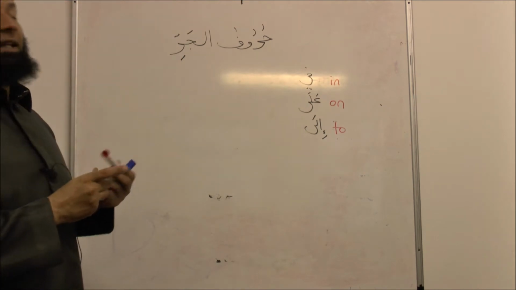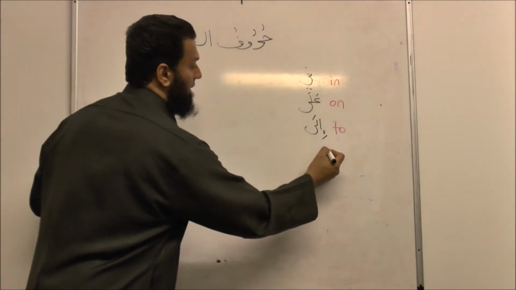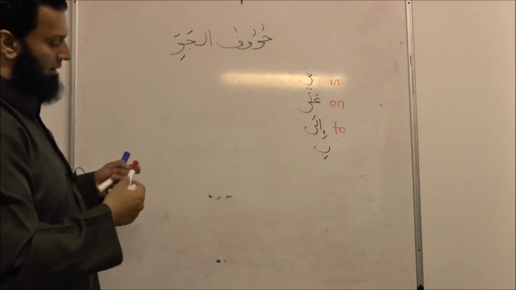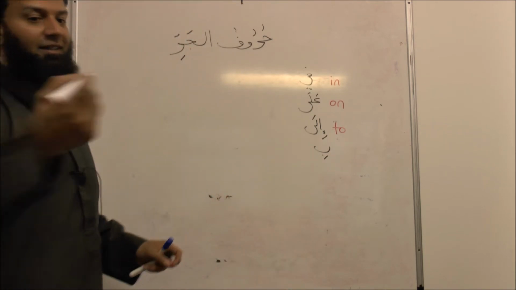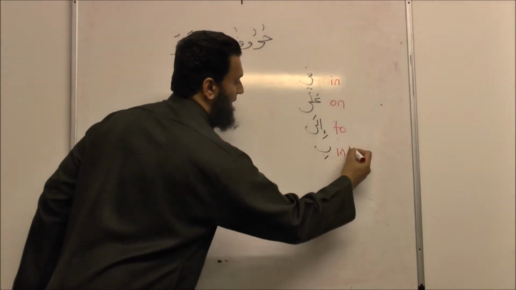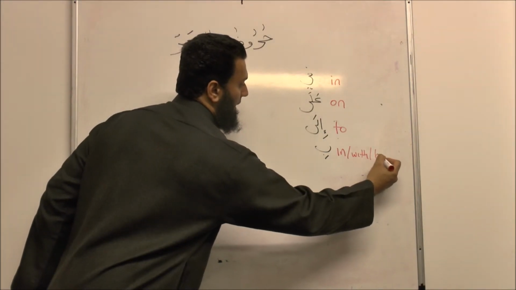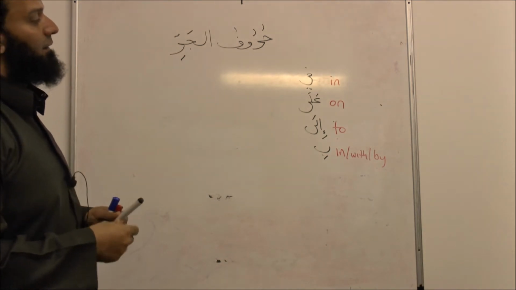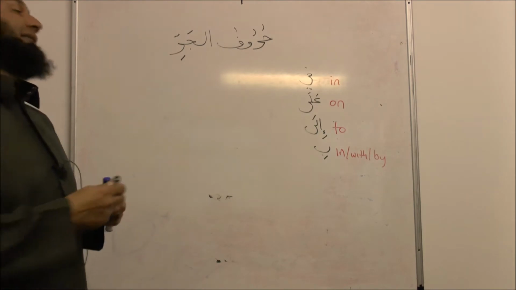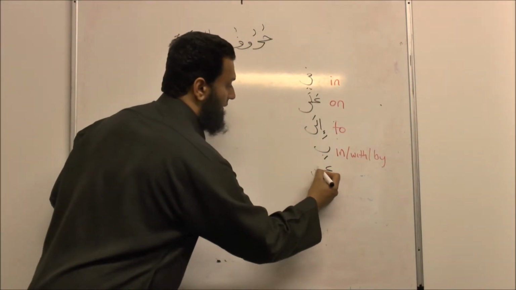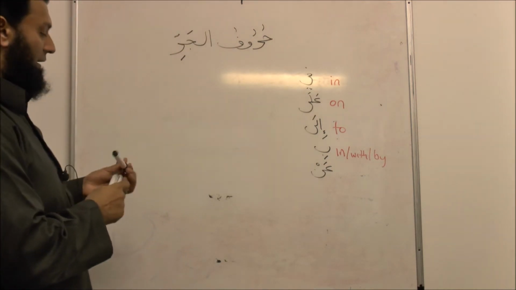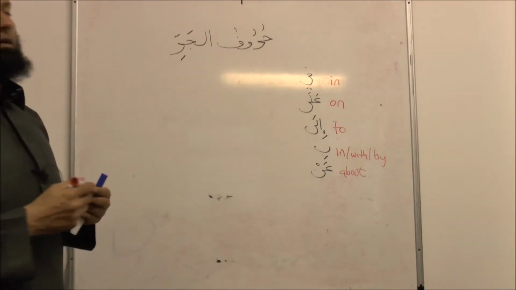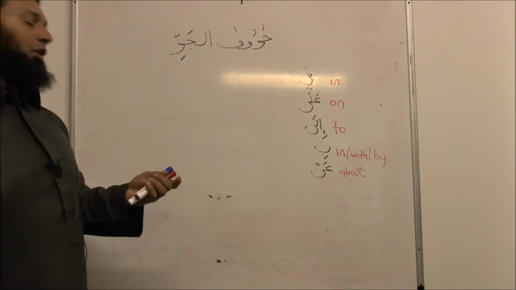Next, bi, which means with or by, or in. The next one is an, which means about.